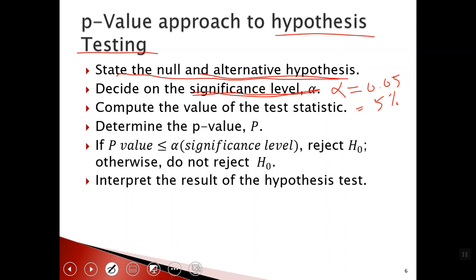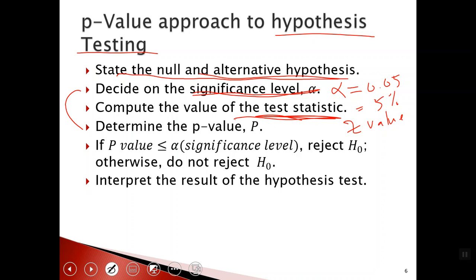Next you have to compute the C value. Test statistic means C value. Then according to this alpha value you have to determine your p-value, or simply p.